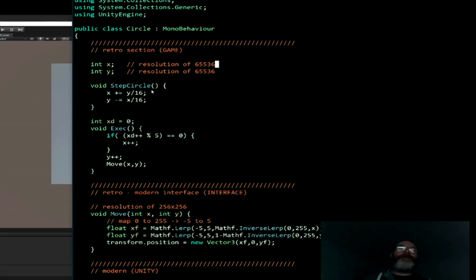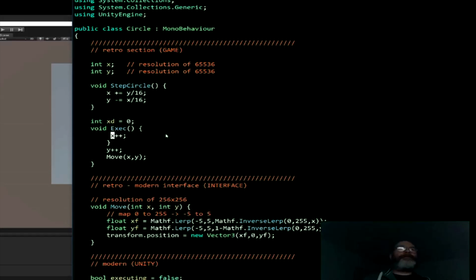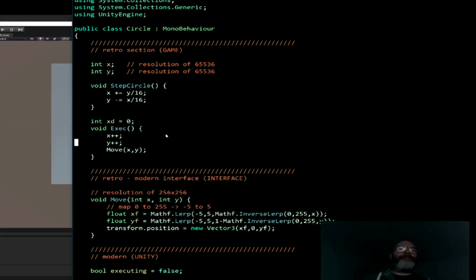So if I go and say that the resolution is now that instead of that, what happens? Well, the first thing is that, well, let's see what happens. When I increment these now, and then I put, yes.